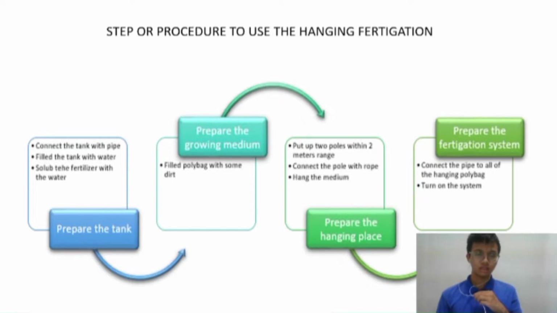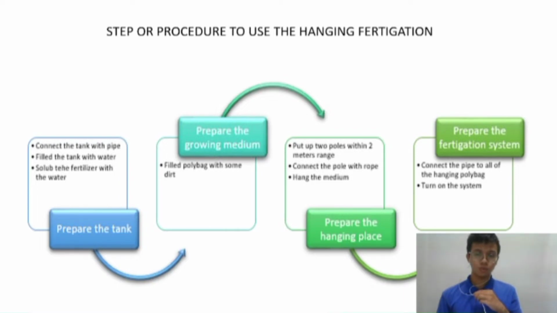The second step is preparing the growing medium. Fill the polybags with some dirt or other medium such as cocoa peat or moss peat. The third step is to prepare the hanging place.